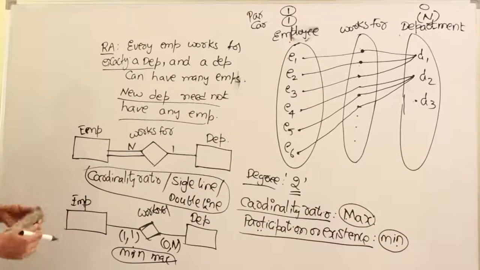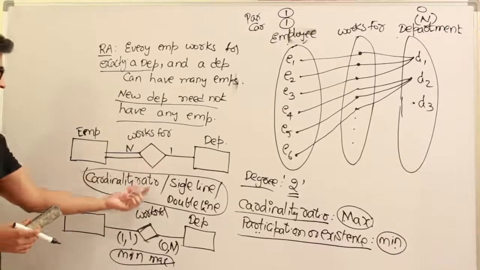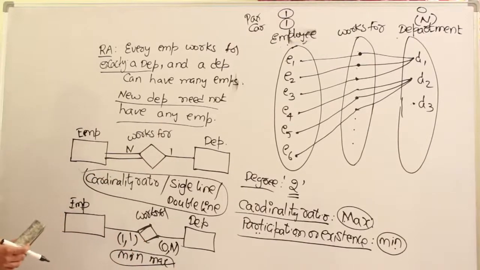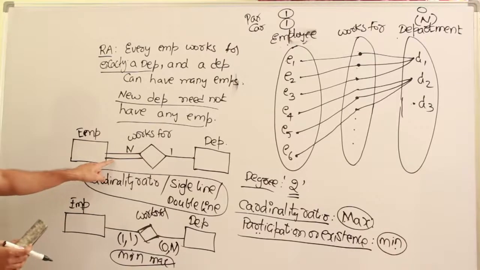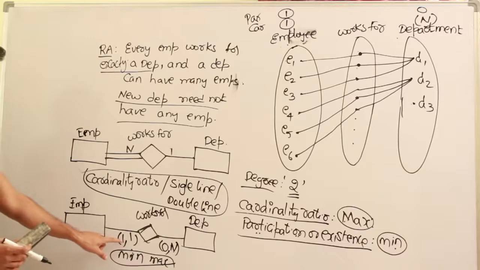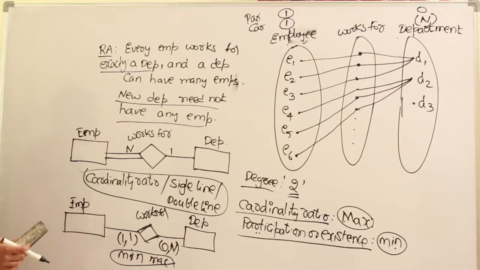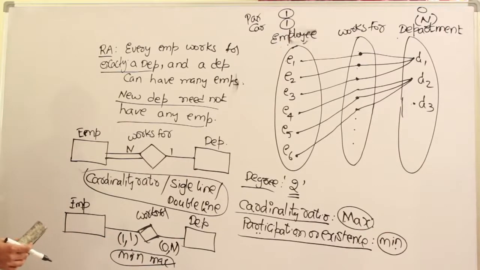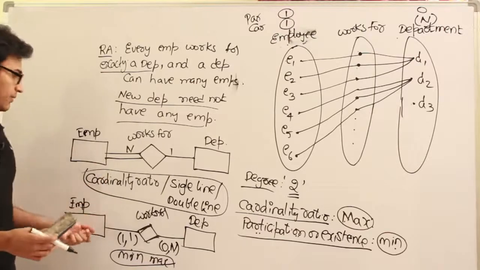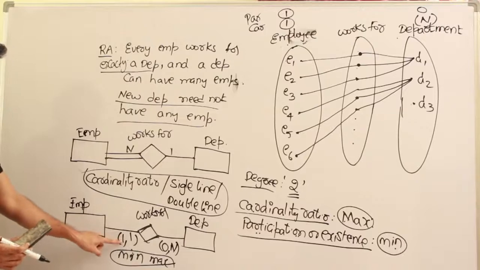And this is easy to draw, but it can represent more information. Sometimes what happens is this one can represent only partial or total, and this one can represent, if it is minimum, how many is minimum. For example, let us say an employee has to work for minimum 2 departments, right? Then we are going to represent 2 here.